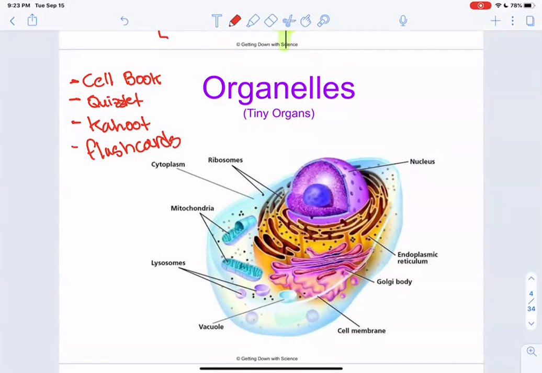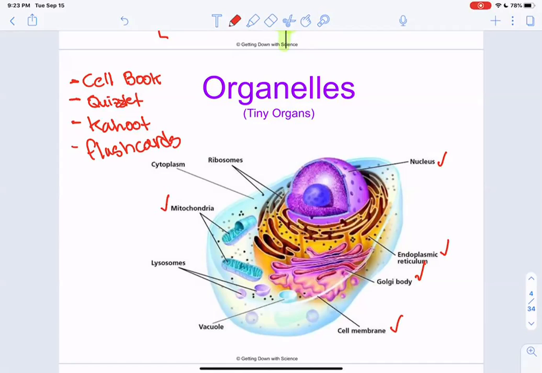This class assumes you already have this information in your head from biology. I know it's been a couple of years since you've taken the class and you probably don't remember most of these, but we need to get these definitions back in your head, because it's not just understanding what the cell membrane is or that the mitochondria is the powerhouse of the cell. It's more than that now.